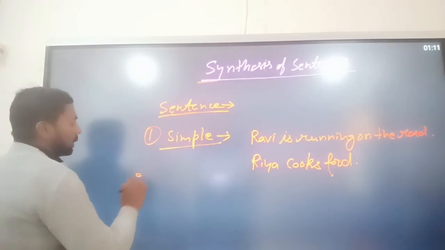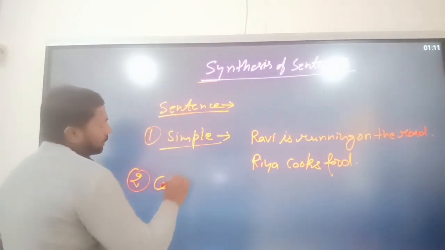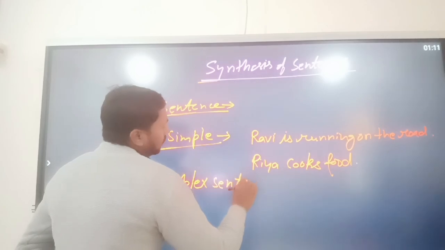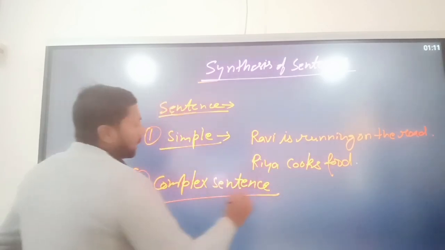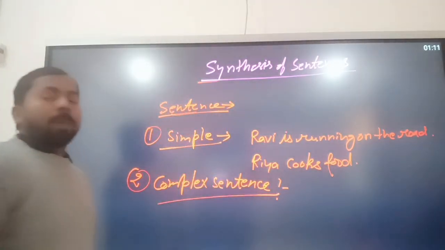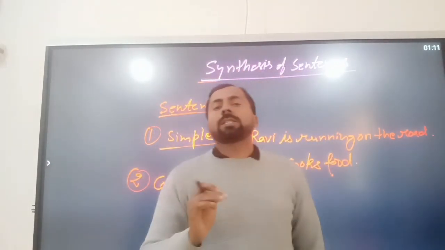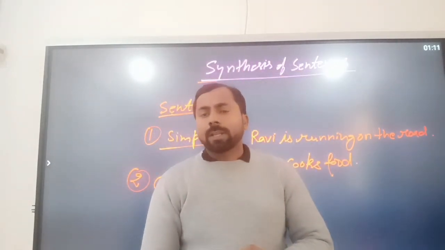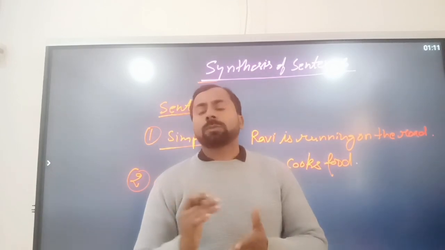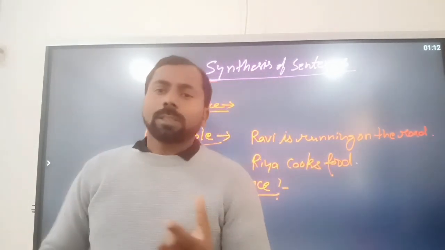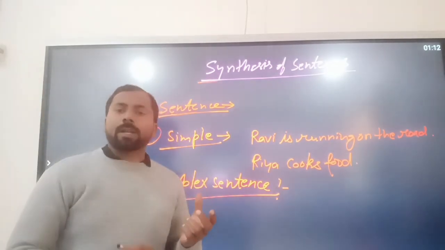Second is complex sentence. It is also a part of the sentence, but in this sentence we have to include two clauses. A clause is also a sentence that has a subject and a finite verb.